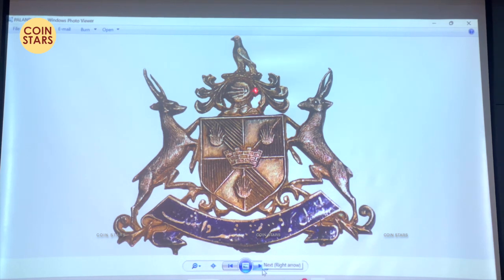Most of the diamond traders come from this place. There is a bird here and two antelopes and a slogan written in Urdu. This is all enameled work. Next.